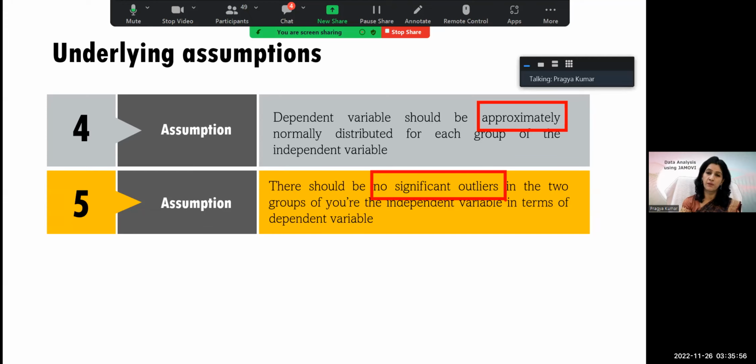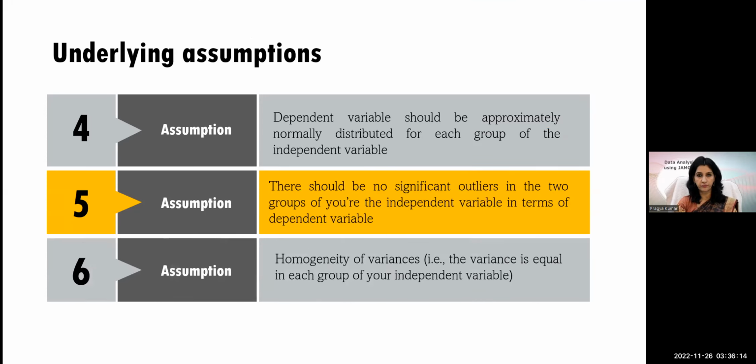So in all cases of mean and median comparison, you need to check the box plot, and apply either the Shapiro-Wilk test if the sample is less than 50, or the QQ plot if it is more than 50. There's another assumption which is known as the homogeneity of variance.